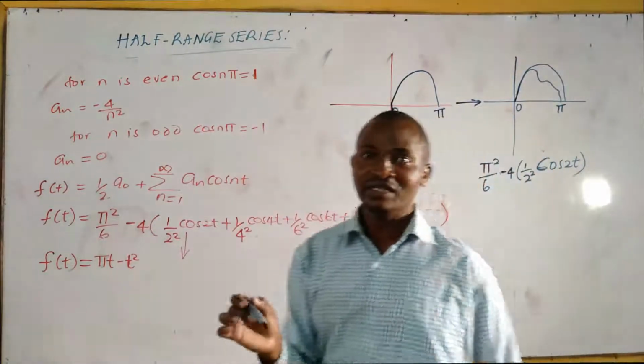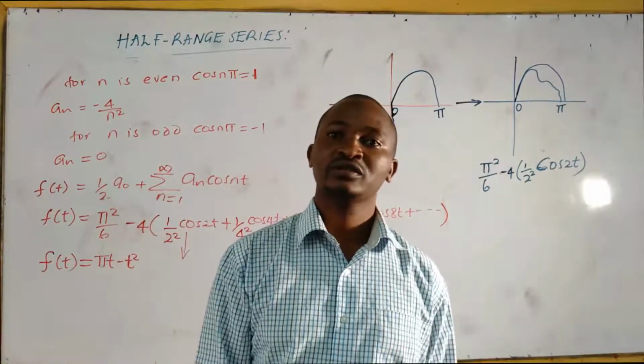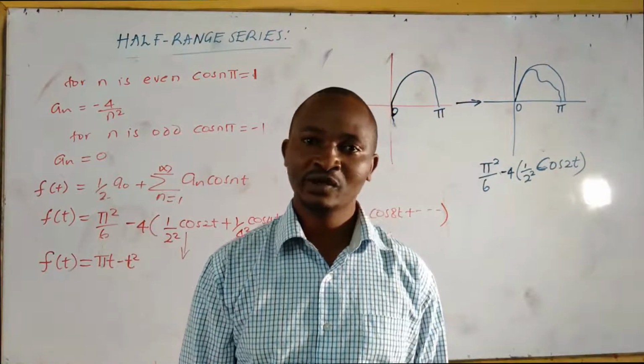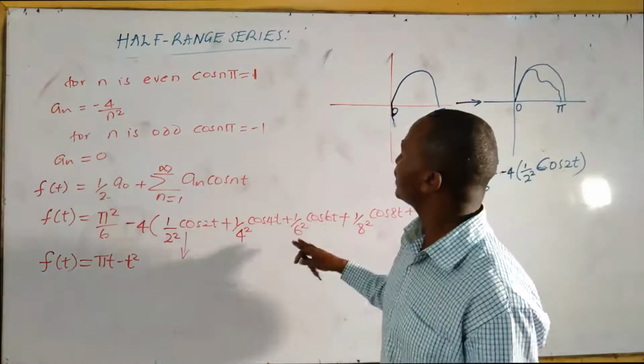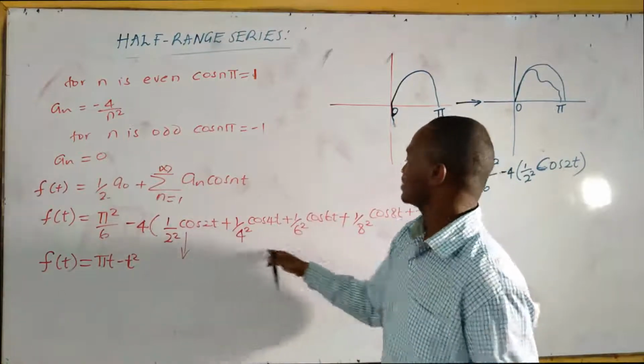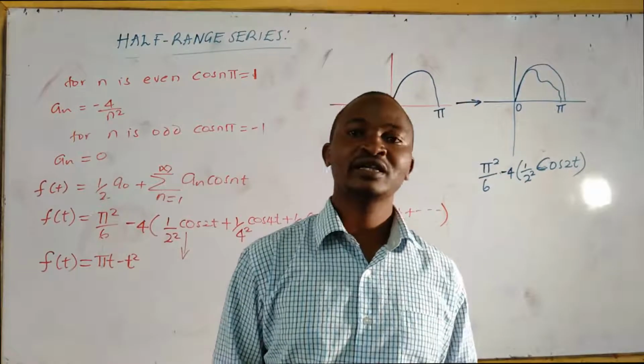But actually, the fundamental harmonic carries most of the information. If you only include the fundamental harmonic, you have something much closer. But if you only included other harmonics without the fundamental, your waveform will be totally distorted.